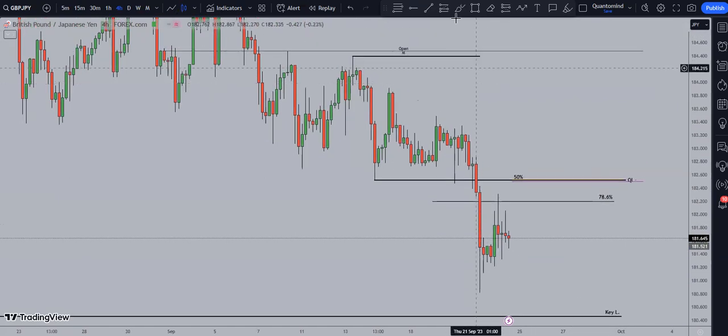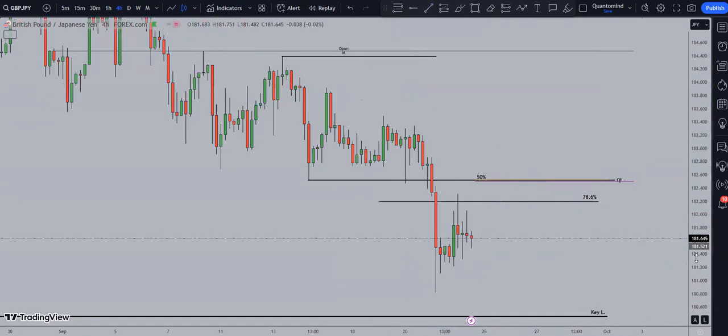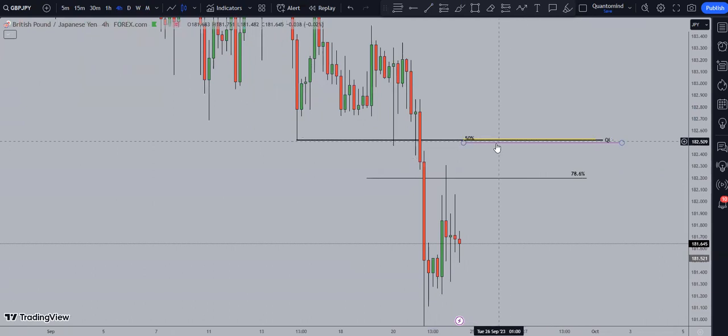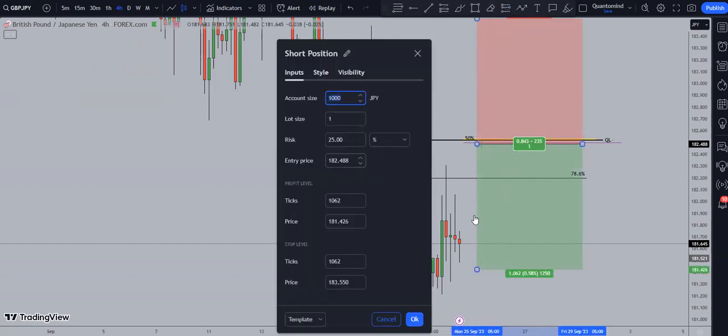Since we are still on a bearish trend. Let's see. I want to sell at this price, 55.5. On this one, yes, I'm going to enter at 55.5.